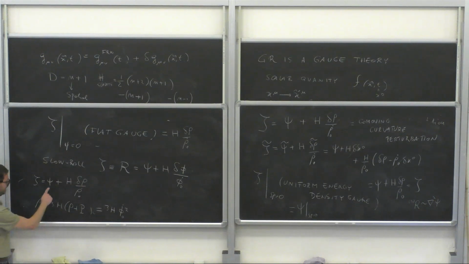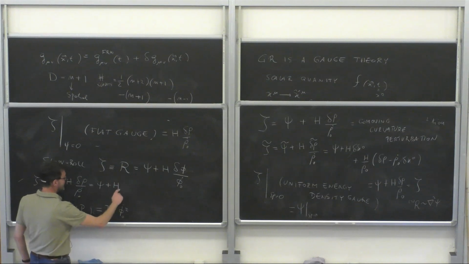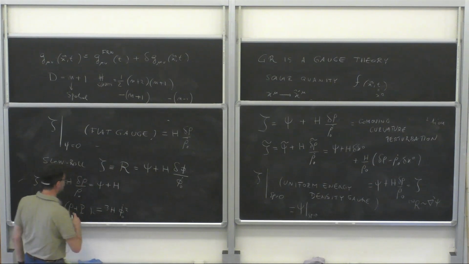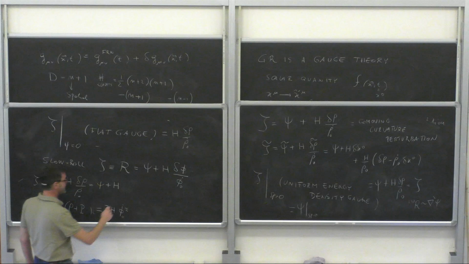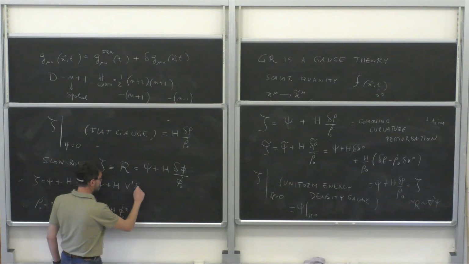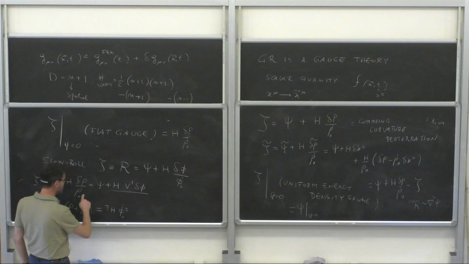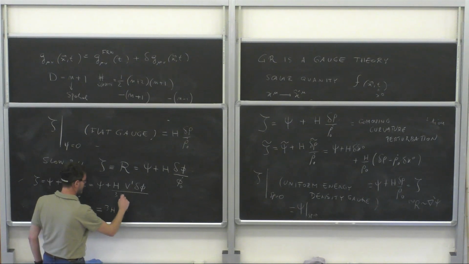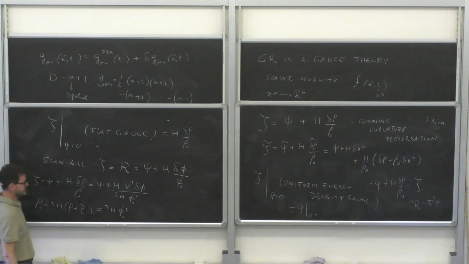Okay, so now I replace here, I have psi plus H delta rho. Delta rho is the fluctuation of my energy density, but during inflation, the energy density is dominated by the potential. So what I have here is V prime times delta phi, divided by rho dot, which is 3H phi dot 0 squared.